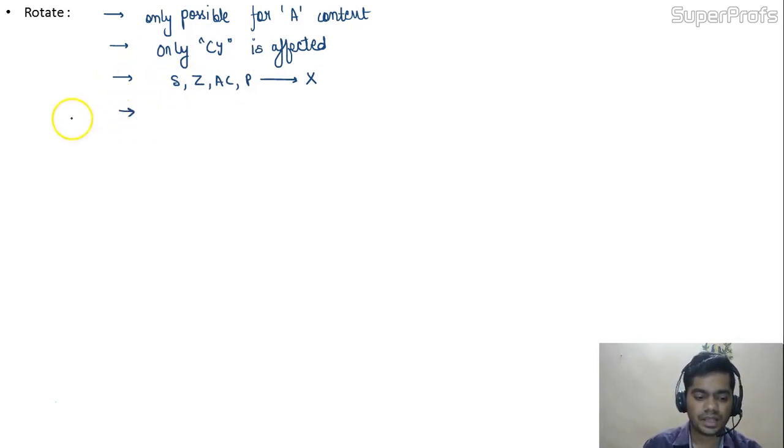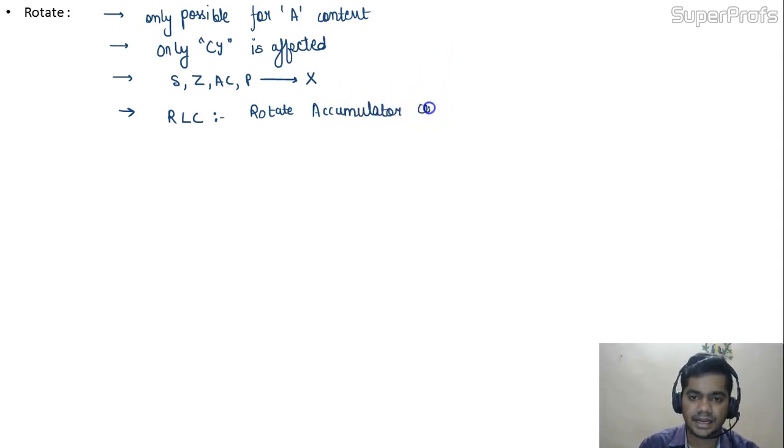Now we are going to see what the rotation operations are. First is RLC. It means rotate accumulator content 1 bit left without carry.